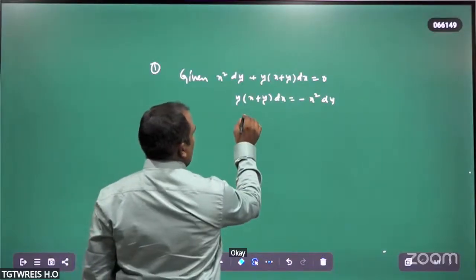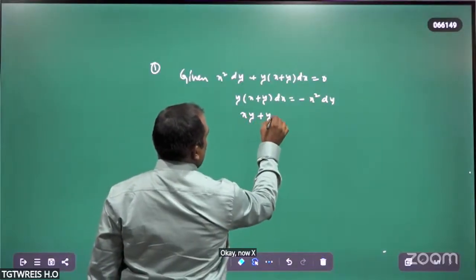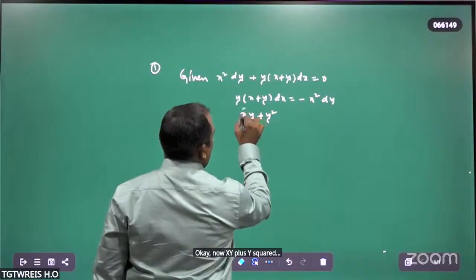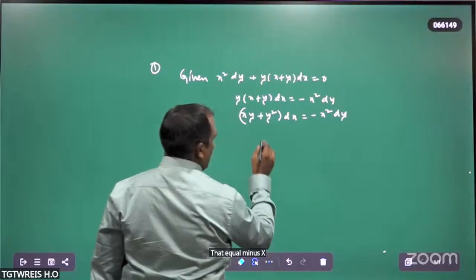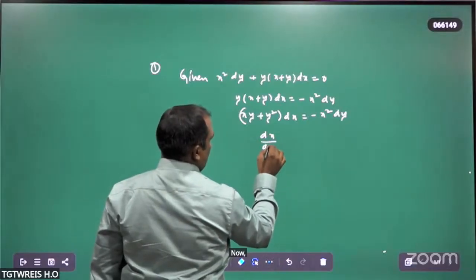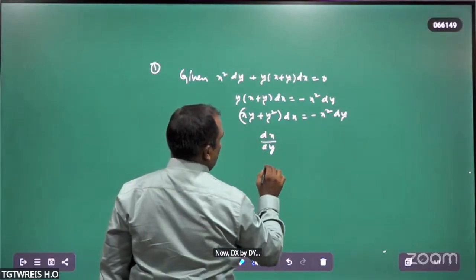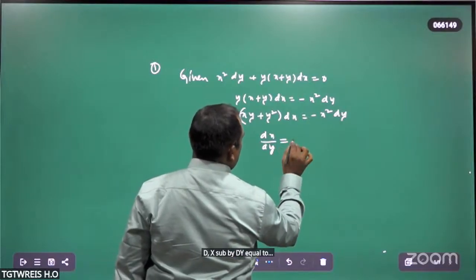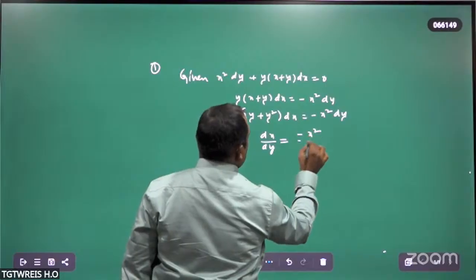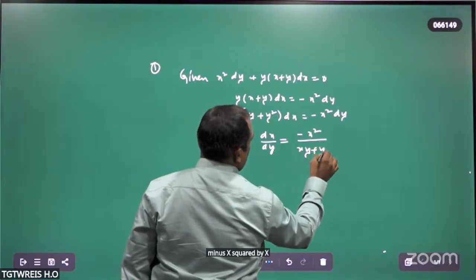Now xy plus y square into dx equals minus x square into dy. Now dx by dy equals minus x square by xy plus y square.